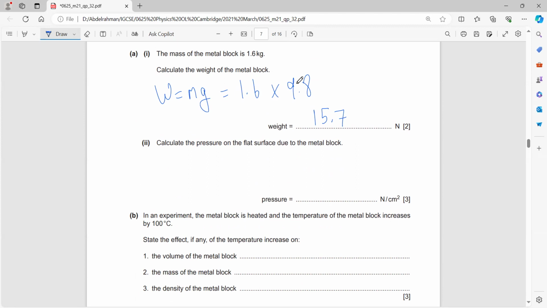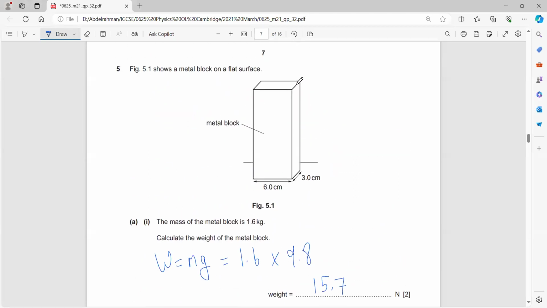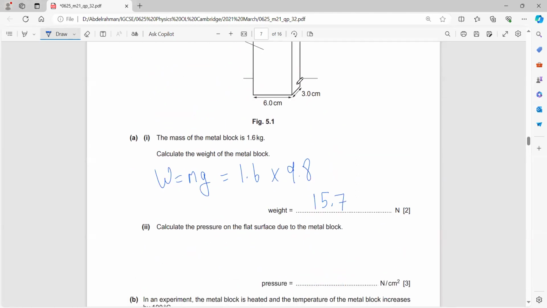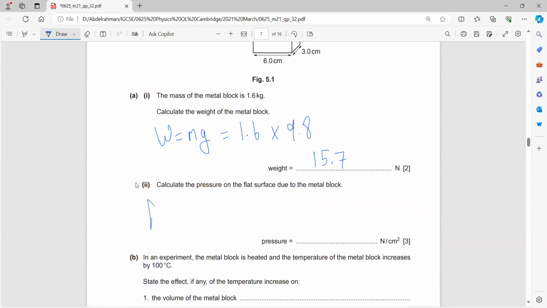Calculate the pressure on the flat surface. Pressure equals force over area. Force is 15.7, as we said. The area is 6 times 3, which is 18.